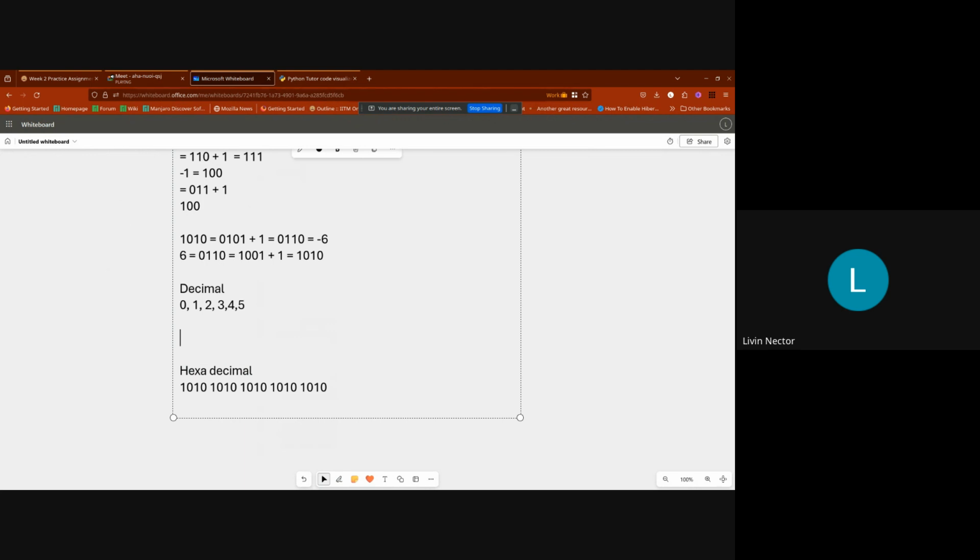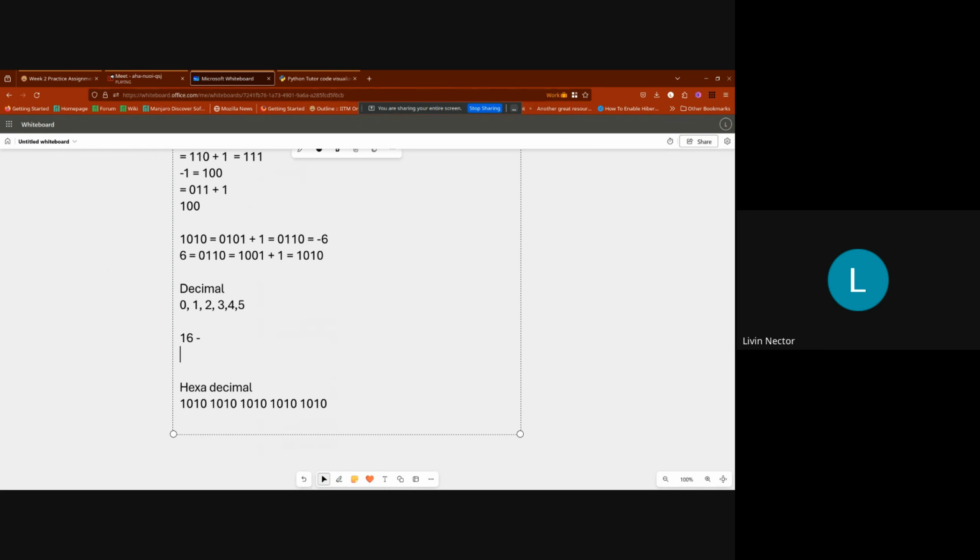What is 2 power 4? 2, 4, 8, 16. 2 power 4 is 16. So we can represent 16 values.